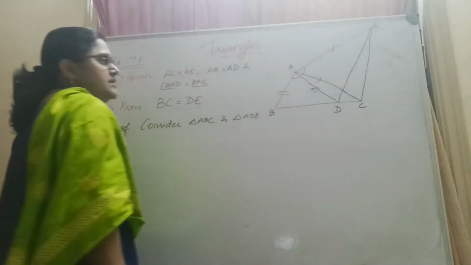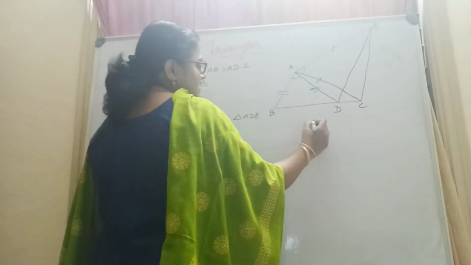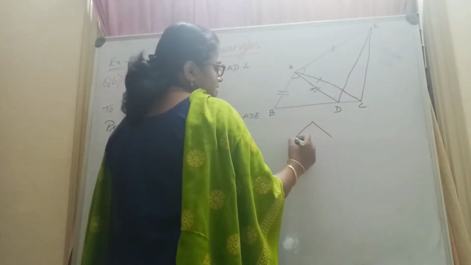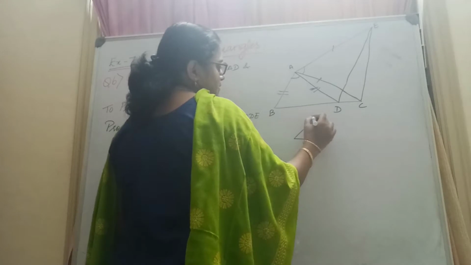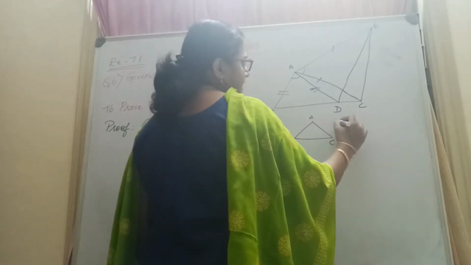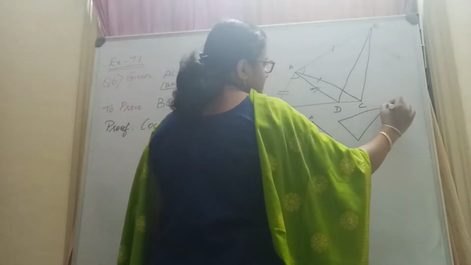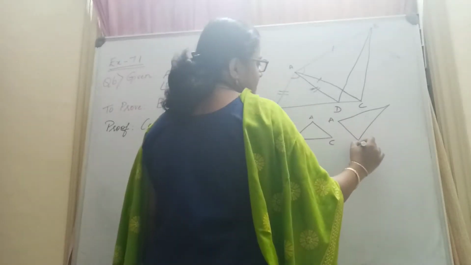So these are the two triangles that I am going to take into consideration. Now if you can see, the triangles are like this. This is ABC, and ADE is like this.